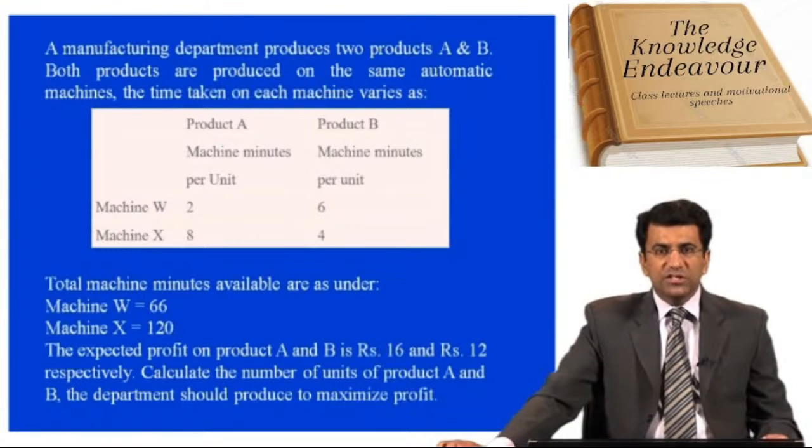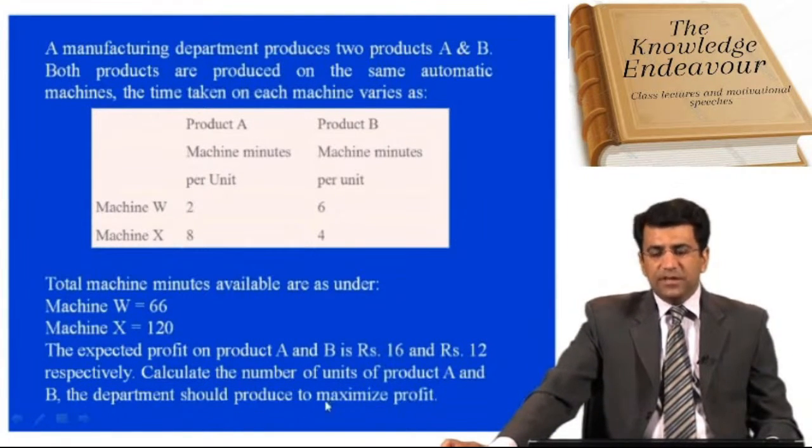So what are the particular constraints here? Machine W cannot work above 66 minutes in this particular case. Similarly, we cannot spend more than 120 minutes on machine X. So these are the particular constraints for these machines. The expected profit on products A and B is rupees 16 and rupees 12 respectively.